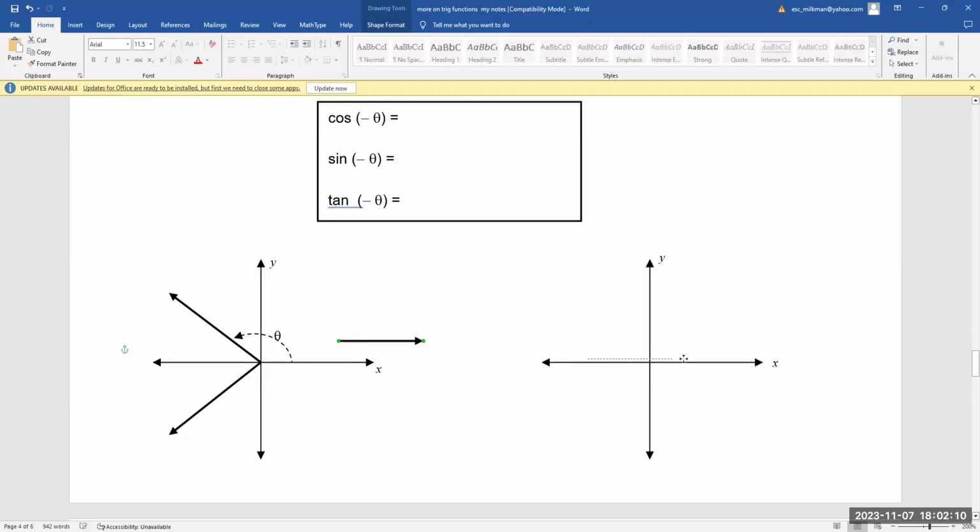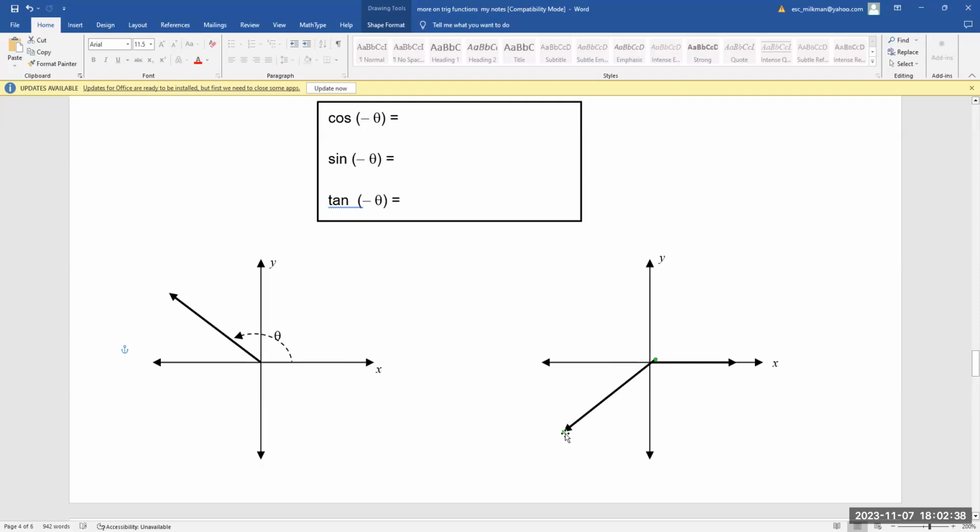If I move this, and I put theta in quadrant 3, negative theta is a reflection over the x-axis.